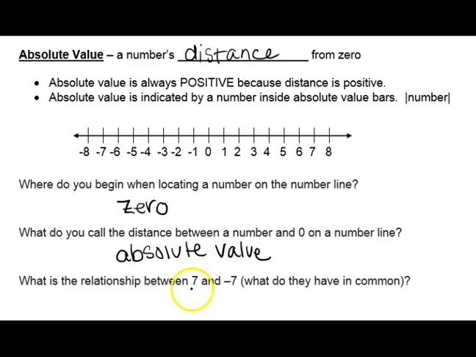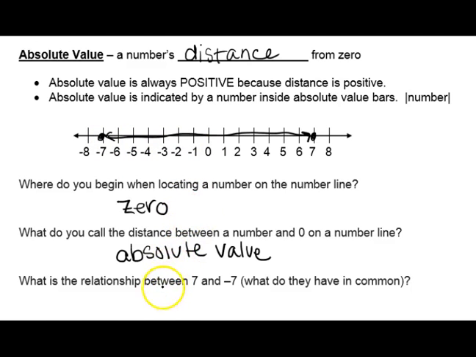So let me explain it with 7 and negative 7. On the number line, here's 7. So the distance from 0 to 7 on the number line is 7 units. Here's negative 7. The distance from 0 on the number line to negative 7 is also 7 units.